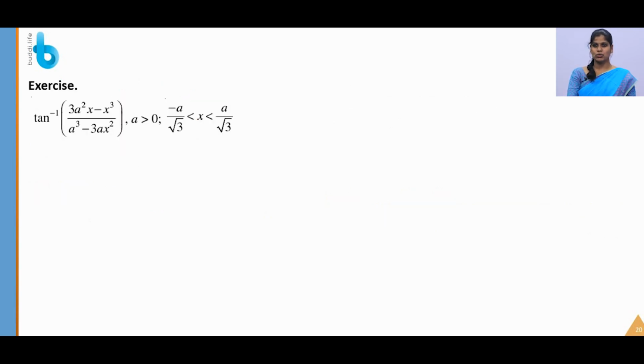Tan inverse of 3a square x minus x cube divided by a cube minus 3ax square. We have to find this value where a is greater than 0 and x lies between minus a by root 3 and a by root 3. Now we have to find the value of this term. For this, let me take x equal to a tan theta.